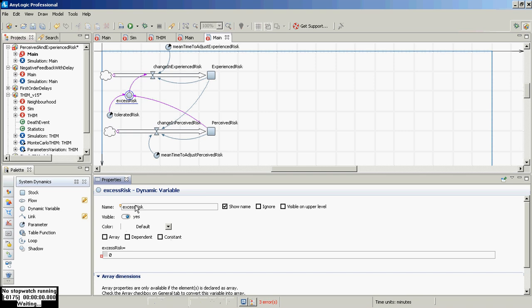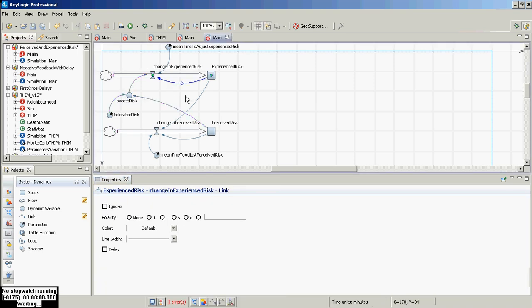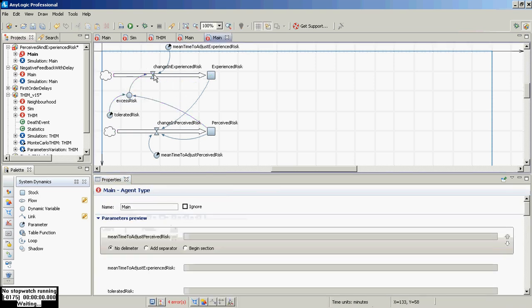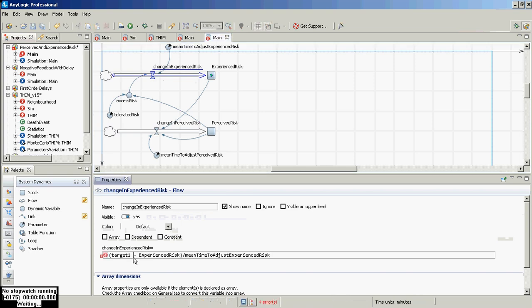Okay? And there's going to be one more change. We're going to delete that link. So we're modifying this top one a little bit to reflect the coupling with the bottom. So we will delete this one, and instead we'll have this excess risk, and here we'll just put minus the excess risk divided by mean time.